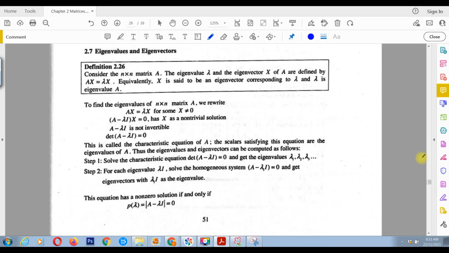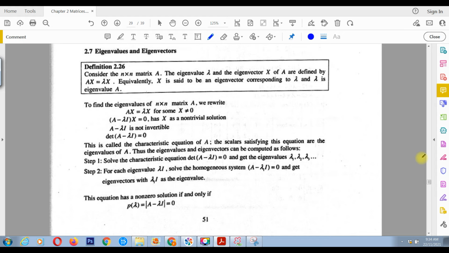Eigenvalue is divided by... I don't understand what he said, right? Eigenvalue is AX, and then lambda x.